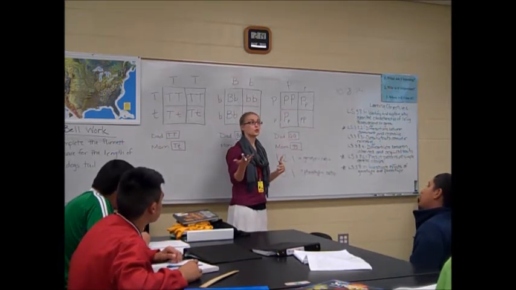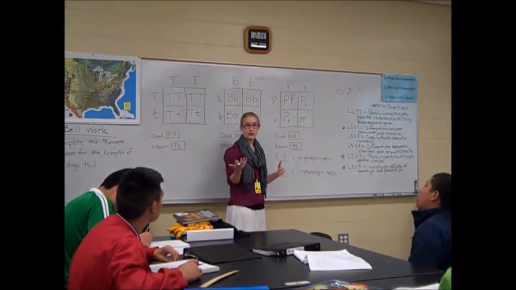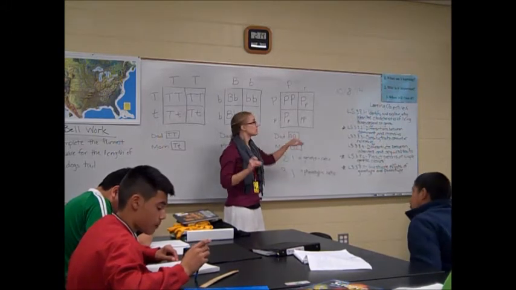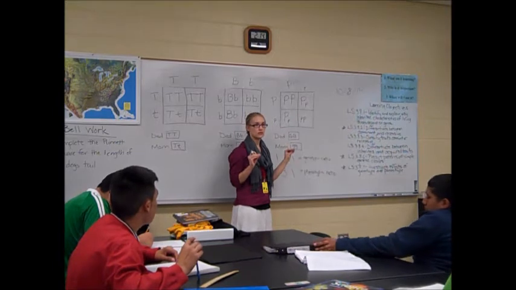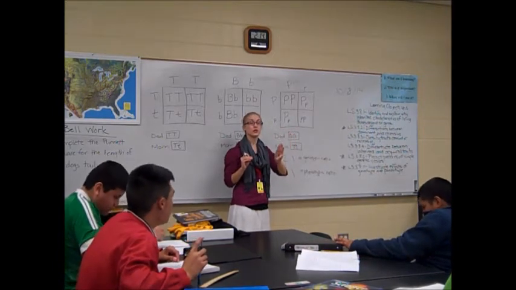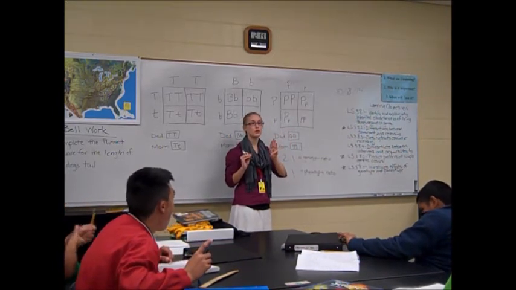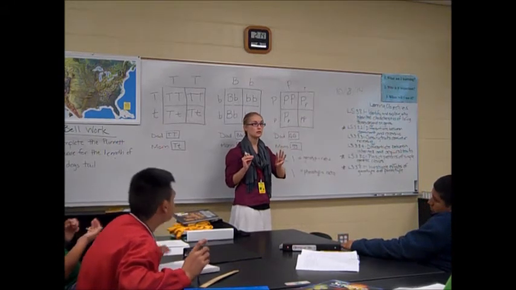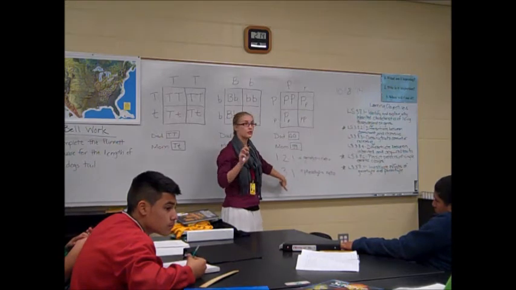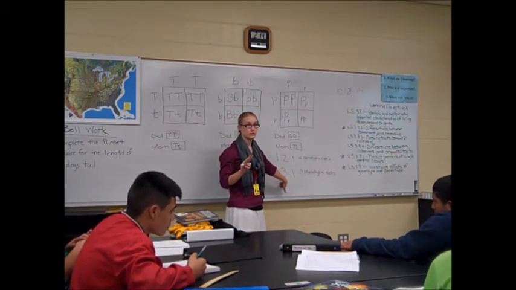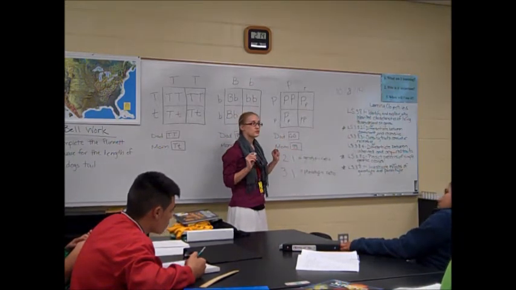How much is each quarter worth? 25. So it's almost as if each one of these squares is worth 25%, because all 4 together would equal 100% of your possible genotypes for your offspring. Correct? Okay. So if I have 3 purple flowers, what percentage would that be?